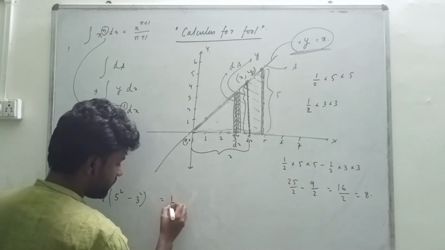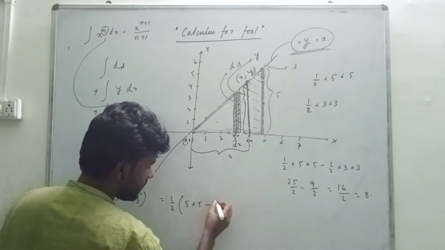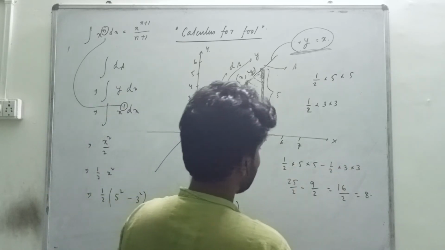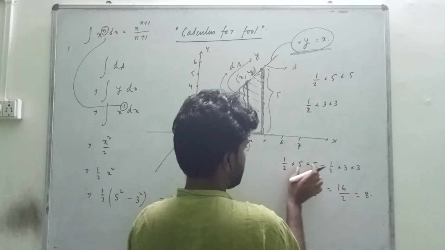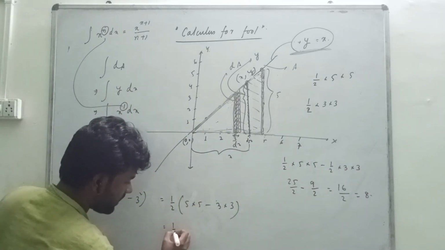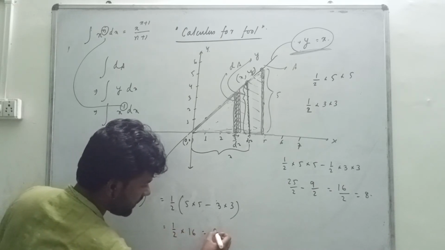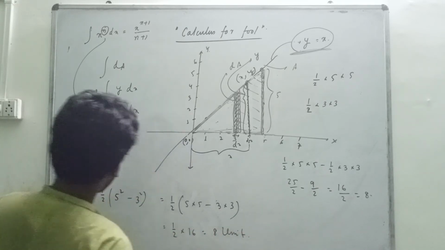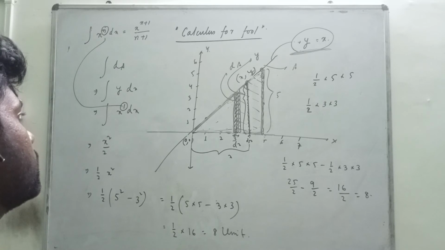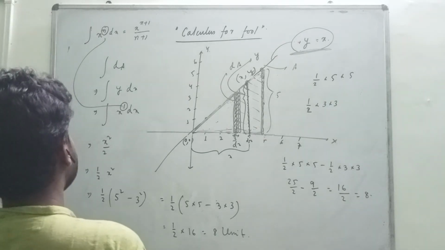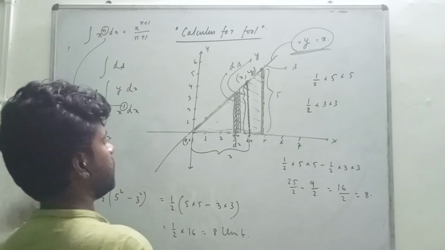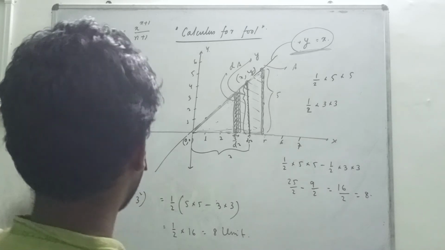So this means half into 5 into 5 minus 3 into 3, right? It is actually half into 5 into 5 minus half into 3 into 3. So ultimately you will get half into 16, that means 8 unit, right? Okay, so this is actually our calculation to find the meaning of this sum. It is the area under the curve, area under the curve actually.